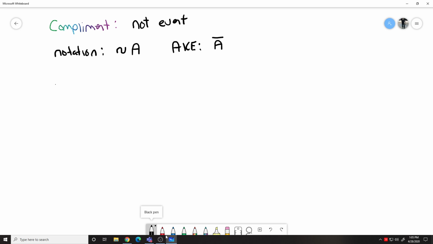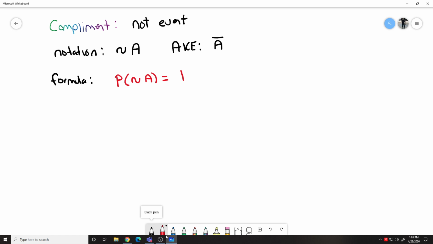Okay, what's the formula for a not event? So the formula looks like this. You could have the probability of not A happening. So what this means, the probability of A not happening, is equal to, it's very simple. You just take the number 1, which stands for 100%.